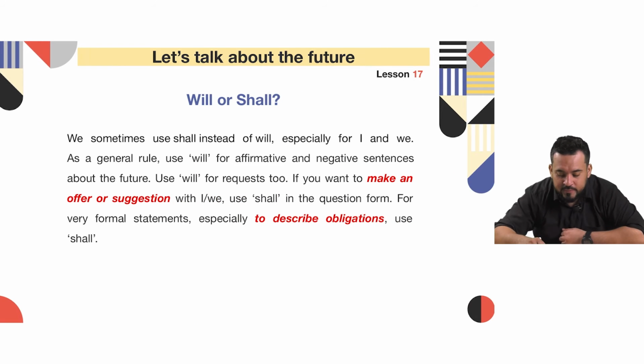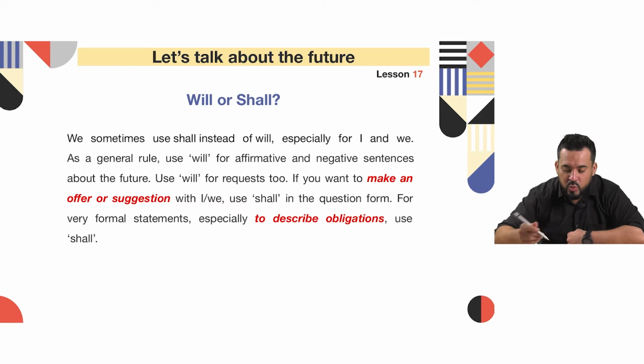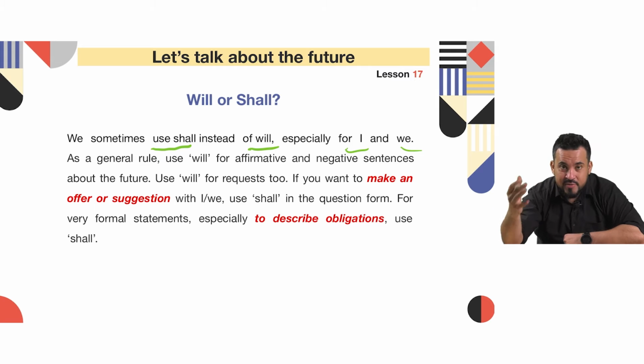All right. Now, what is the difference between will and shall? Sometimes we use shall instead of will, especially for I and we. As a general rule, use will for affirmative and negative sentences about the future. Use will for requests.